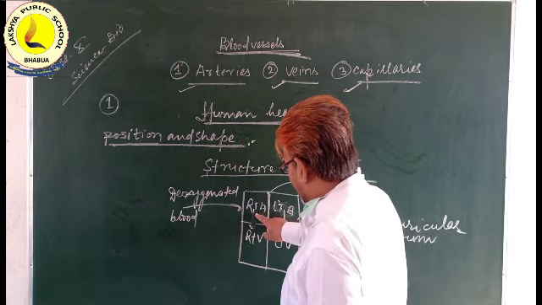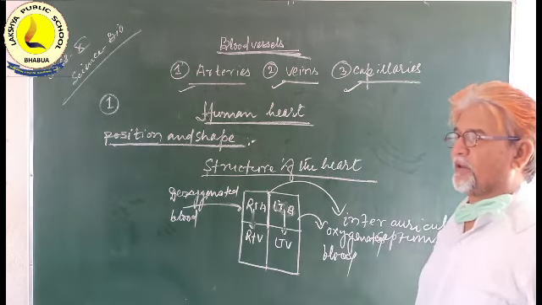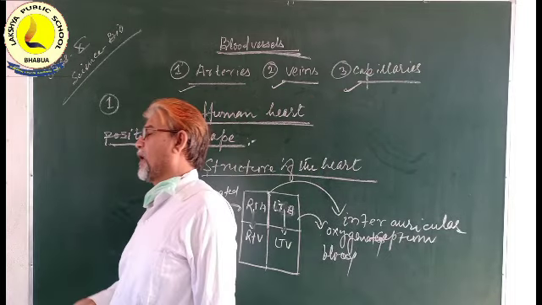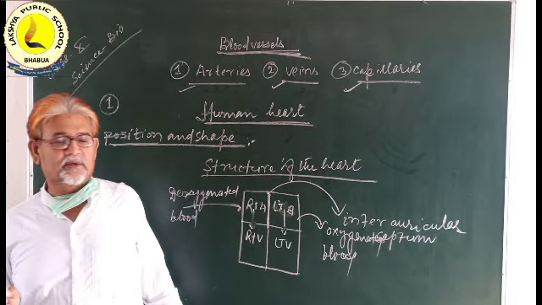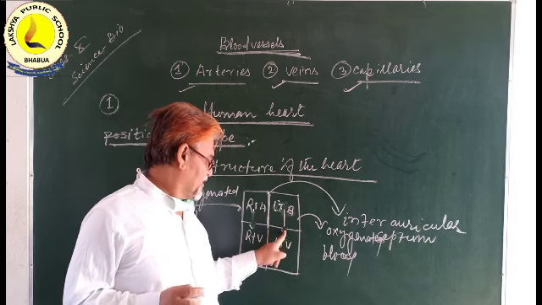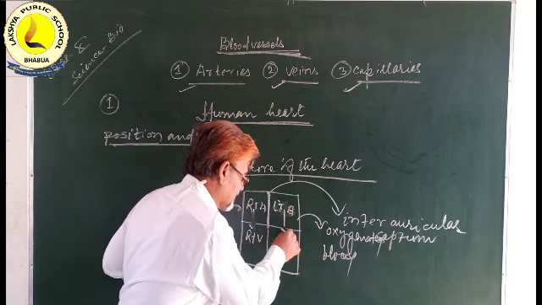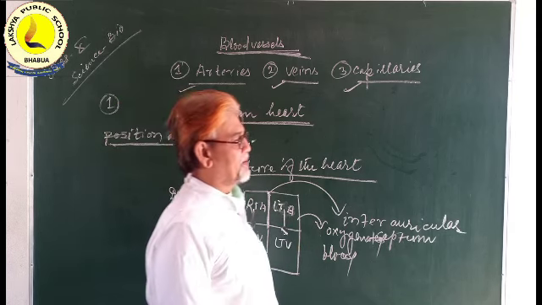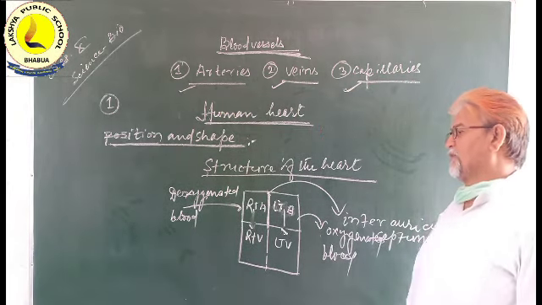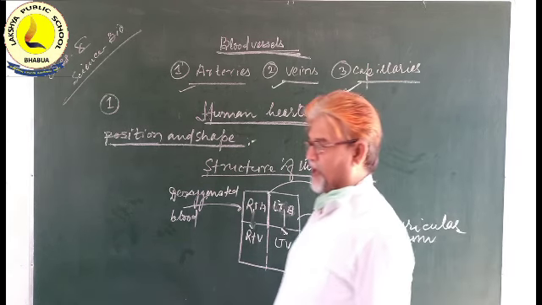In between the right auricle and right ventricle, the valve is the tricuspid valve, and on the other side there is another valve, the bicuspid valve. These valves prevent the backward flow of blood from the ventricle to the auricle during circulation.